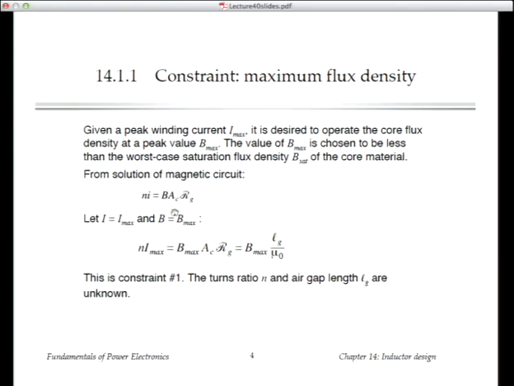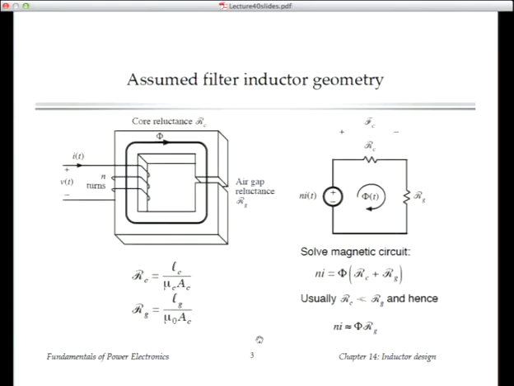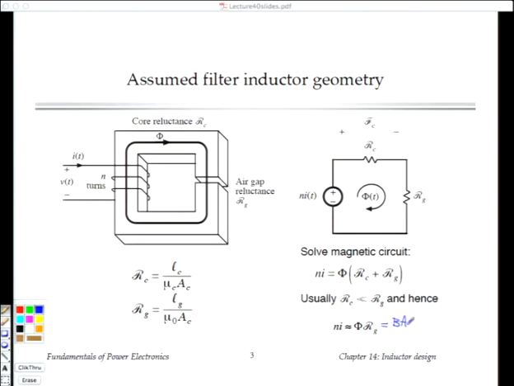And so what we can do is go back to the previous slide here, and we had this equation. And flux is B times the area. So you can plug in that B is B max, and I here is I max, and we get an equation between I max and B max.